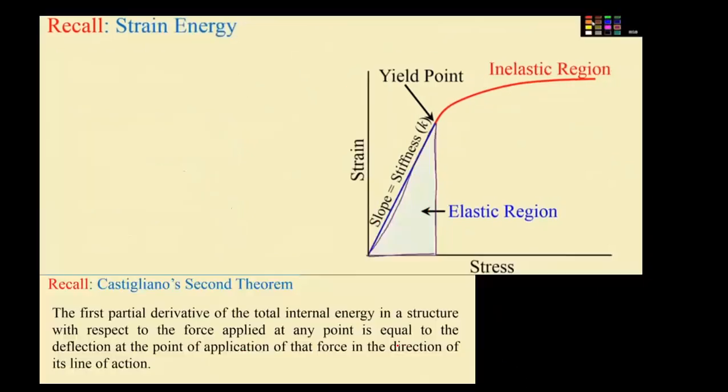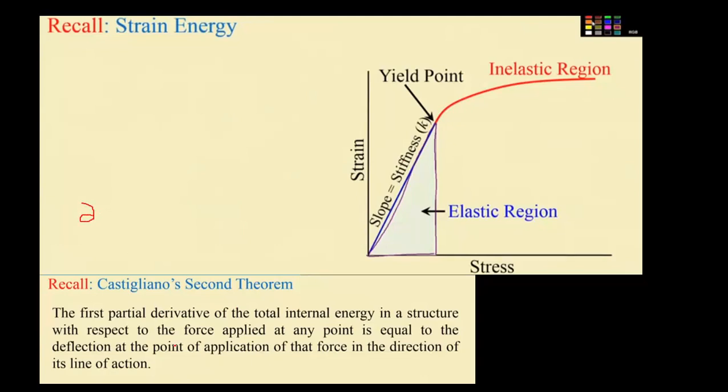One thing is the strain energy, which is some kind of potential energy. I'm recalling this potential energy stored in the element due to the strain. We have done the energy method also. Castigliano's second theorem and first theorem tell you something like this.